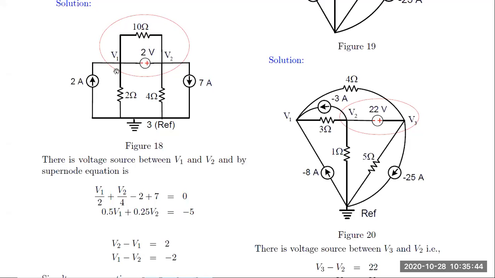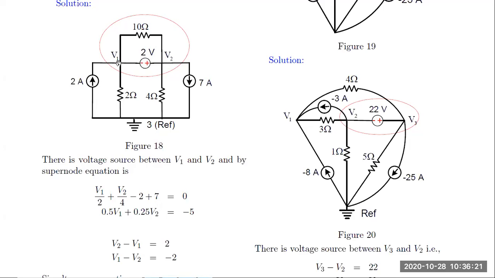We should not consider them for this node, because the voltage source between these two nodes has a resistance in parallel with it, so I have to club that one. V1 by 2, current coming towards minus 2 ampere. Next, V2 by 4 and current moving away, 7. So this is the supernode equation.